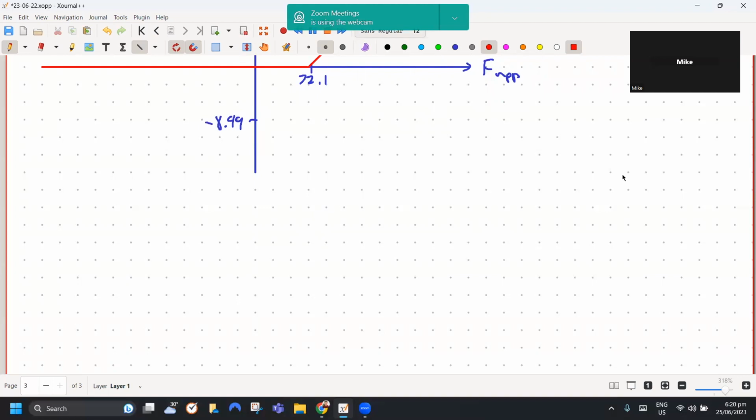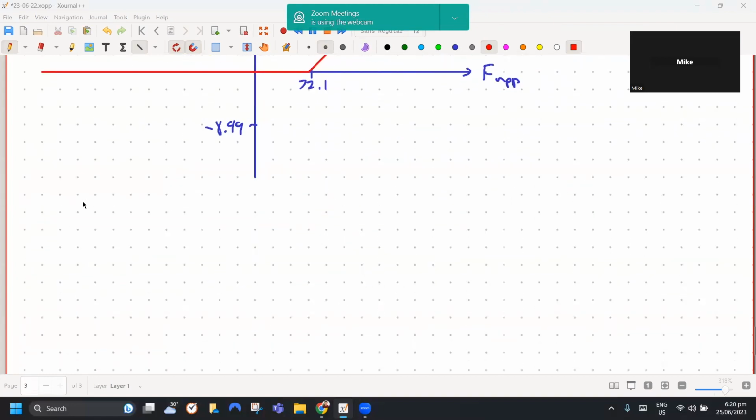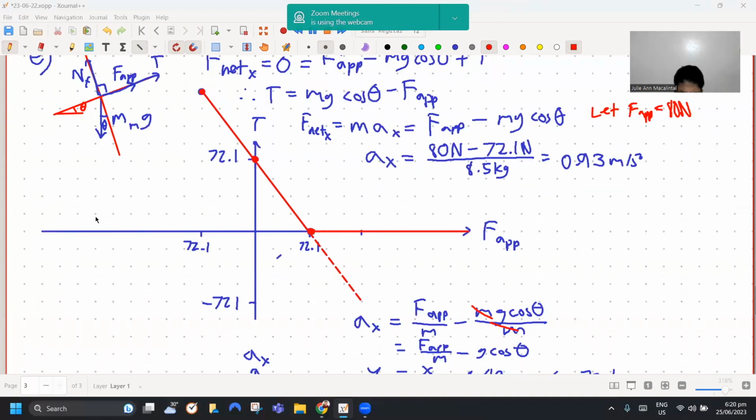Ngayon, write down yung tension versus F applied in piecewise form. Kasi may graph tayo. Ngayon, in equations, ano yan? Tension versus F applied.